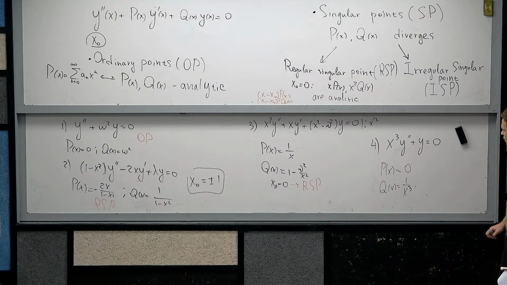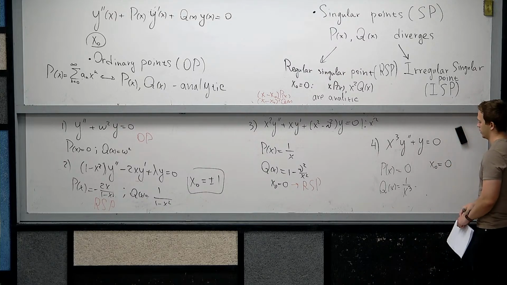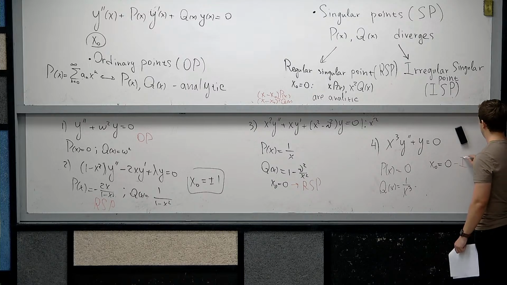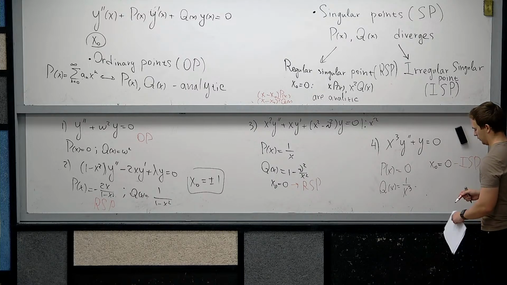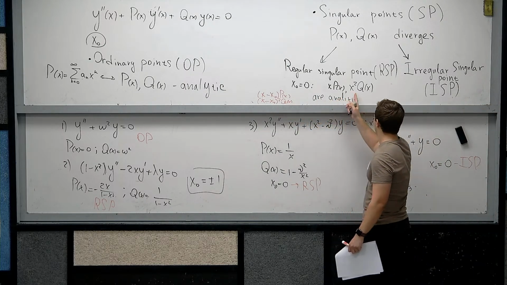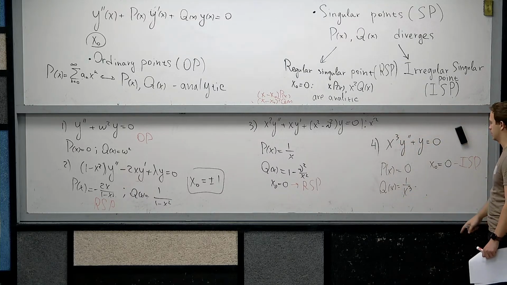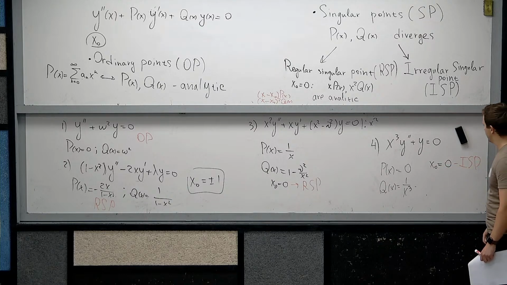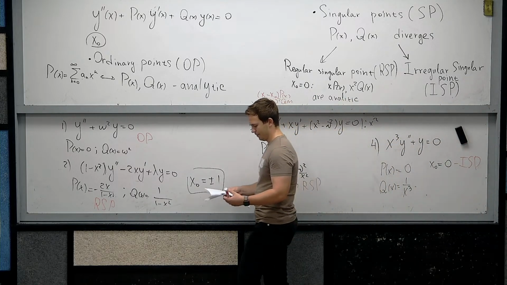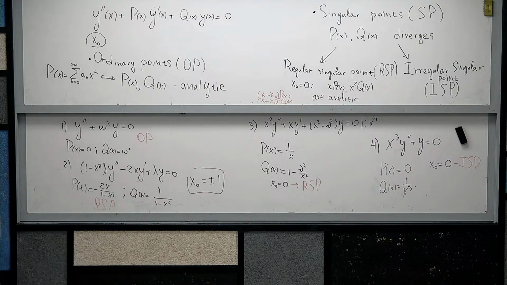I think it's pretty clear that x naught equals 0 is an irregular singular point, because even after multiplication by x squared, q of x still has a problem at 0, so it diverges. Okay. Any questions? So far so good?